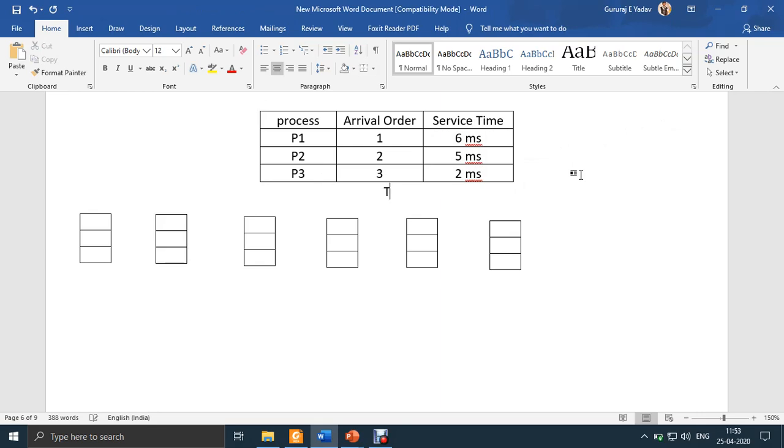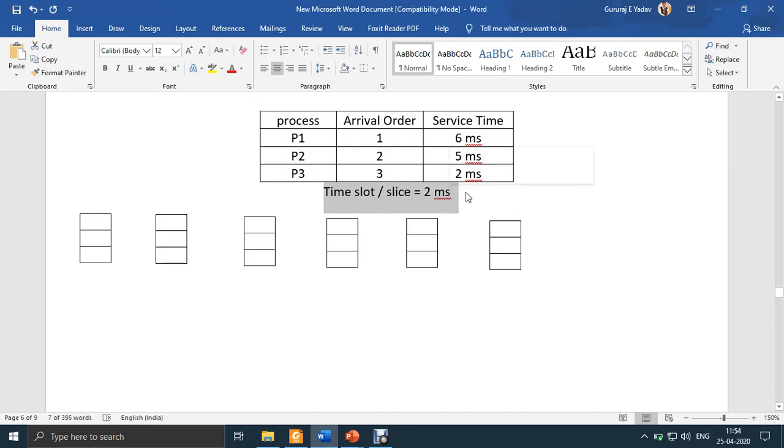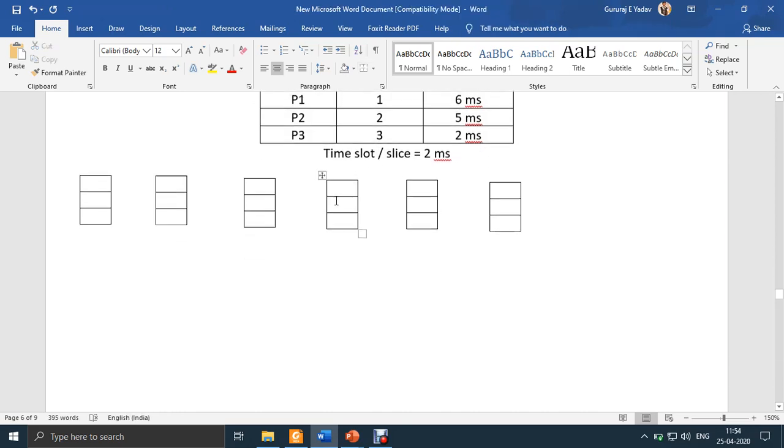So let's say the time slot, also known as time slice, is equal to 2 milliseconds. All this will be given to you, in a table or in a sentence, along with the time slot. Based on this, you have to do the scheduling.